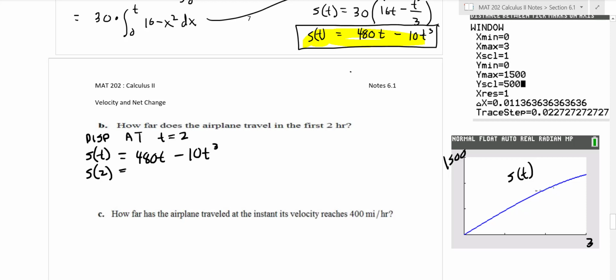Remember, we have the displacement function, so we're just evaluating it. We're not integrating or anything. We were integrating the velocity to find S of t earlier. So you just plug this in and crunch that out on the calculator. I'm just going to put this all in my calculator, be lazy.